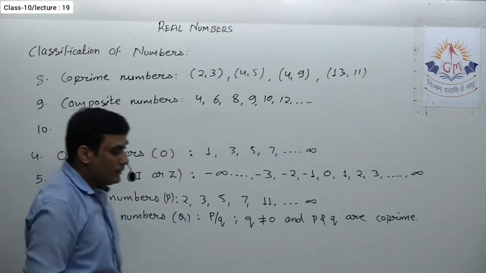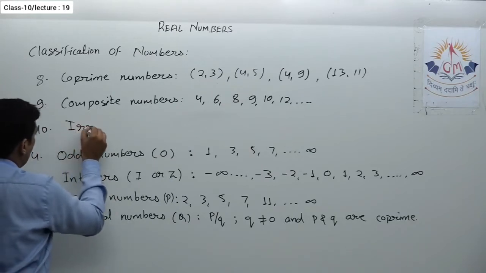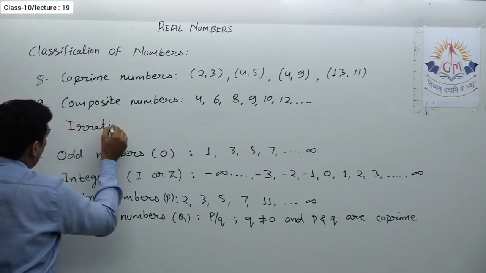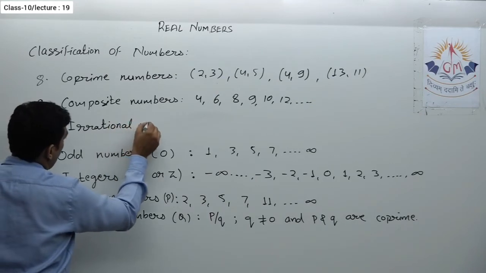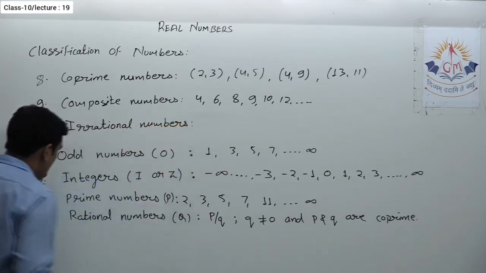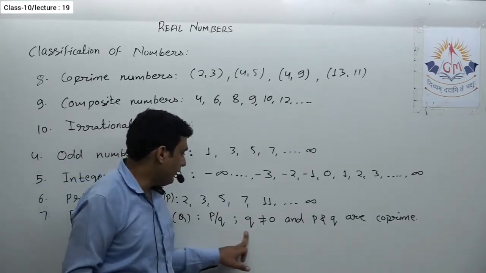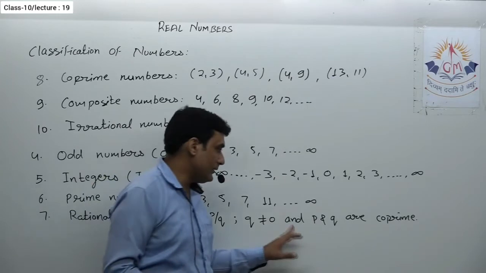Now next is irrational numbers. Finally we'll come to irrational numbers and then real numbers. See, if it is possible to write a number in the form of p upon q, then it is a rational number.